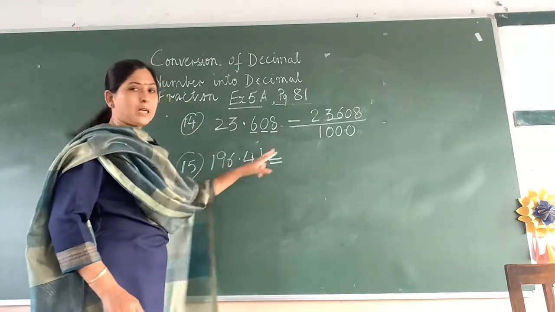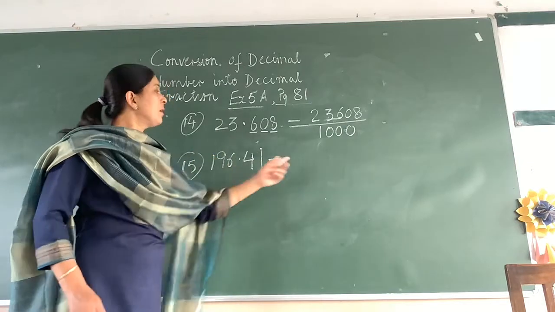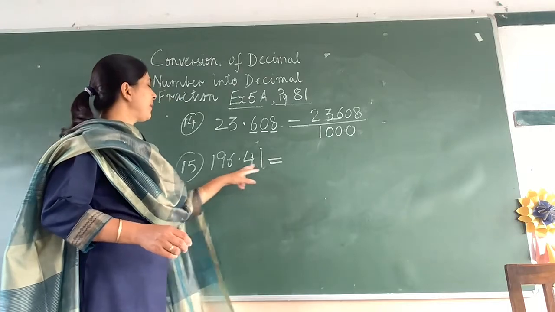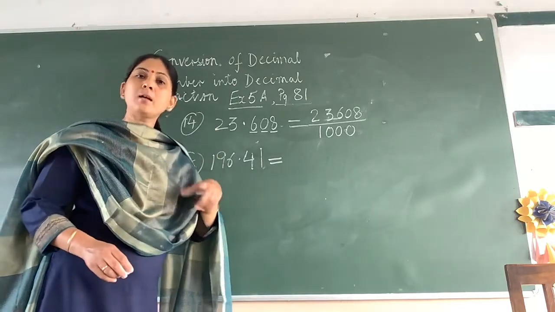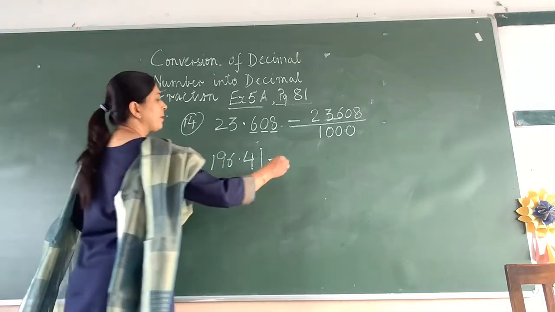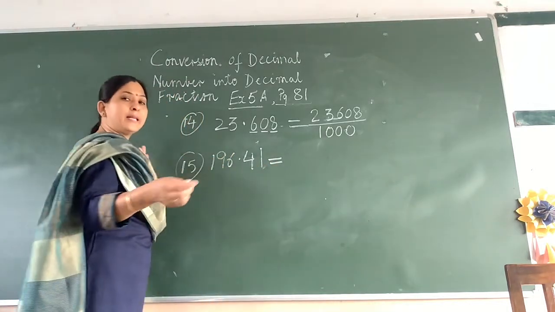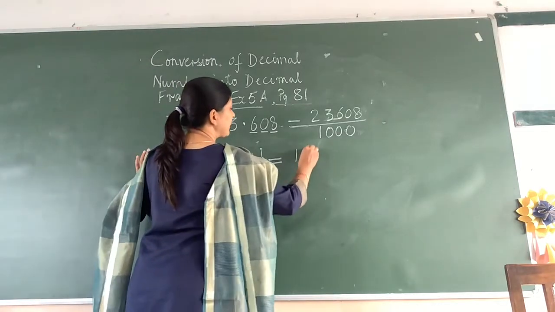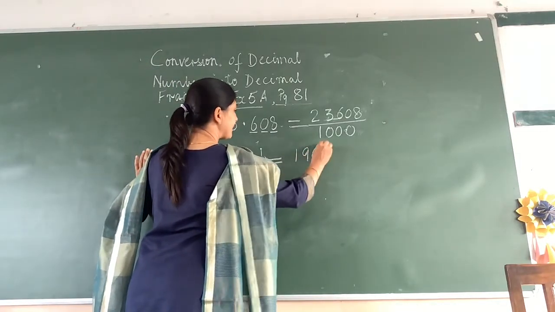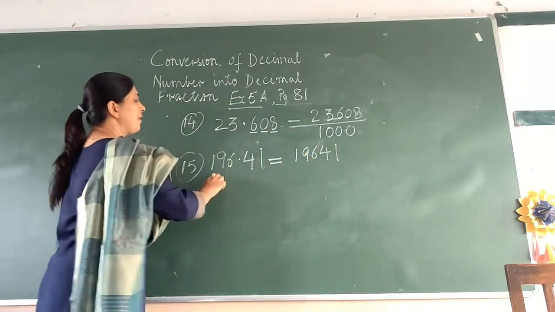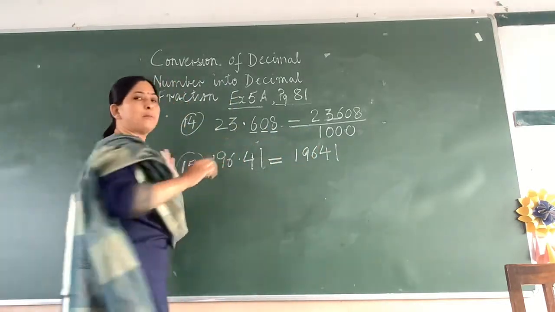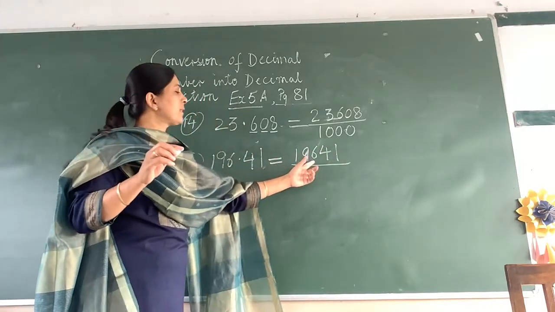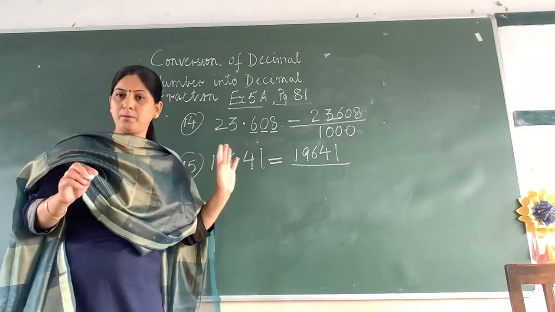Now, let's do this one. 196.41. Let's convert this into a decimal fraction. To do this, what will we do? We will write this number without the decimal point, and it will become our numerator. 19,641 is our numerator.